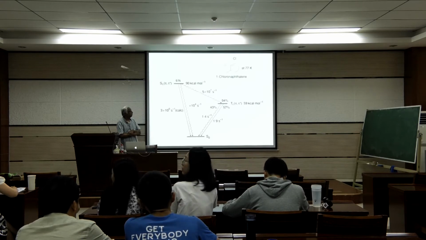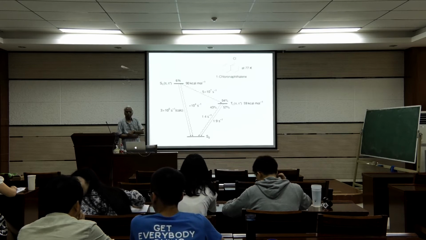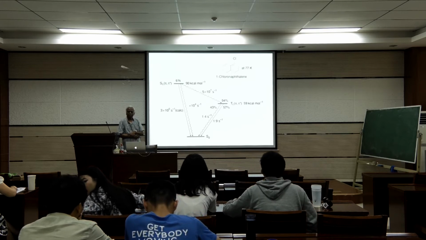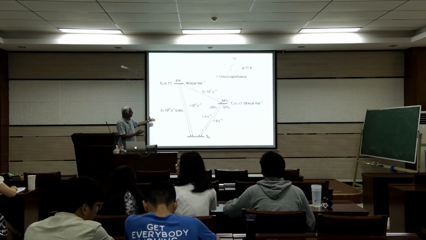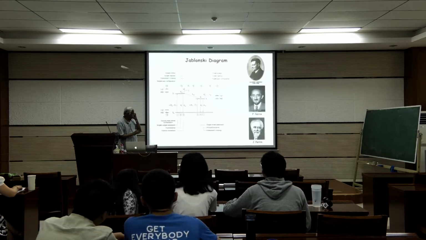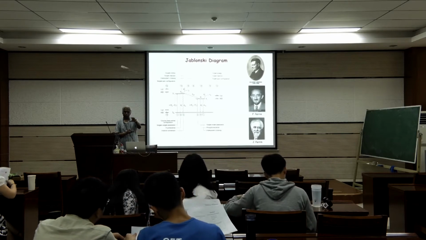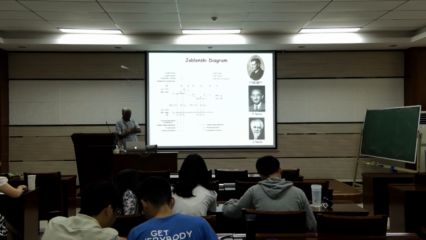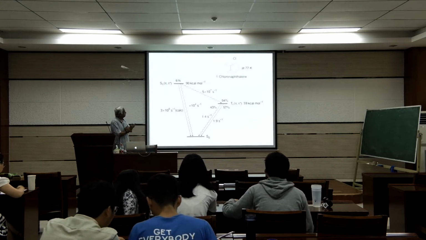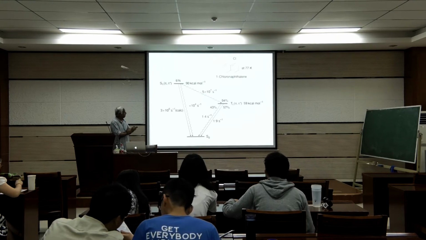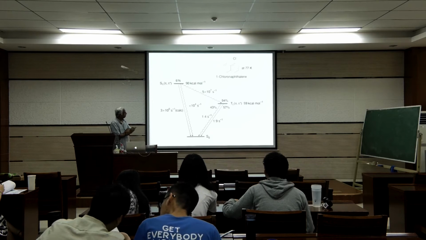Here is one compound, chloronaphthalene. You can see all these things here. The picture that I showed you last time, the same kind of picture, but now it has a molecule there. For example, this is a straight line, and this is a wiggly line, straight line, and then this one.